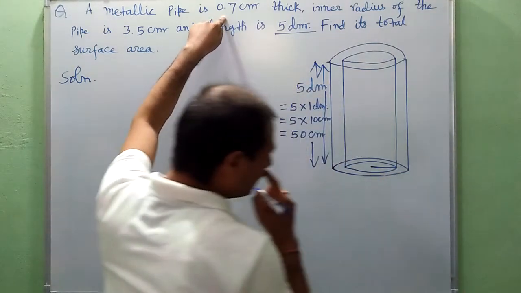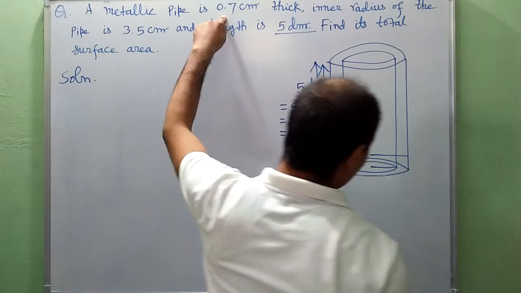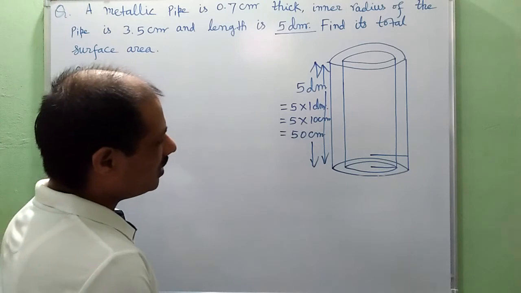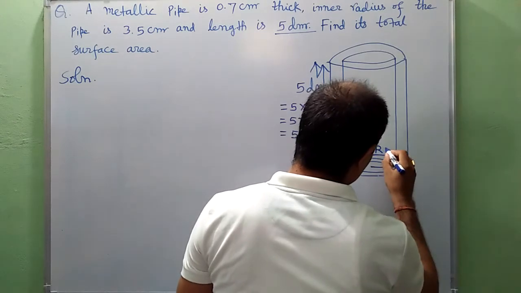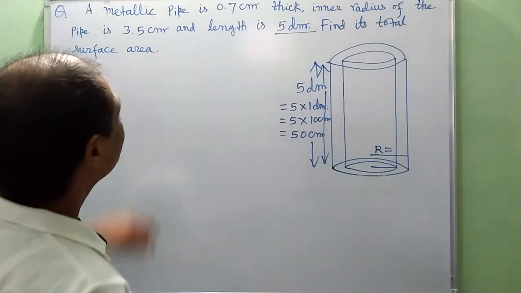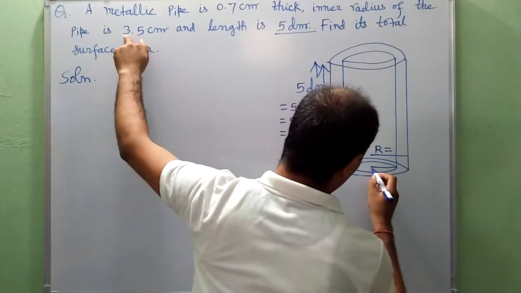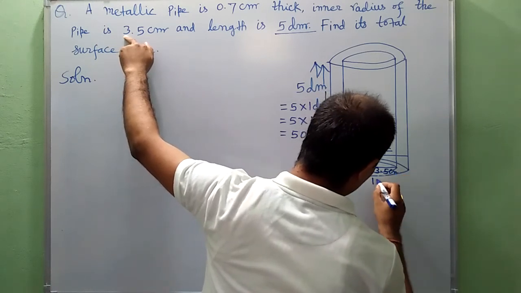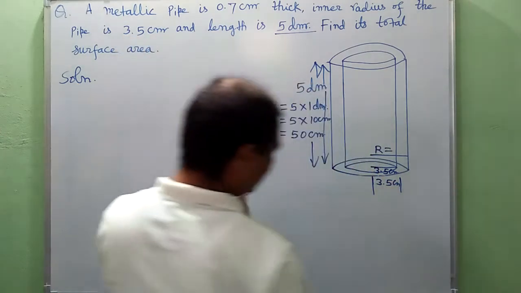This is its inner radius and this is its exterior radius. In this cylindrical part, the maximum radius is capital R. Inner radius of the pipe is 3.5 centimeter. Inner, this part r is 3.5 centimeter. From here to here, this length is 3.5 centimeter only.